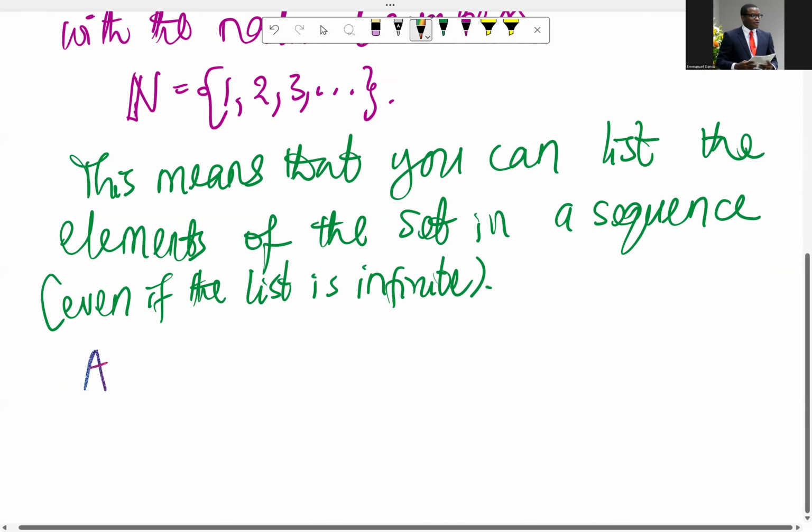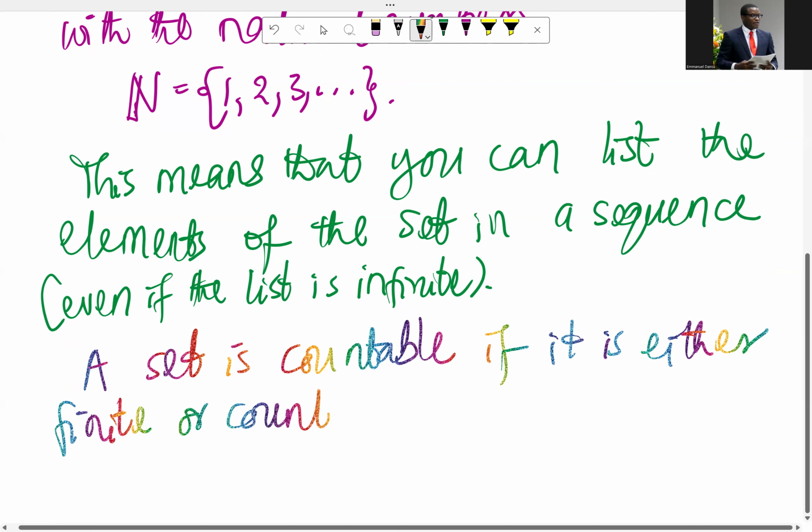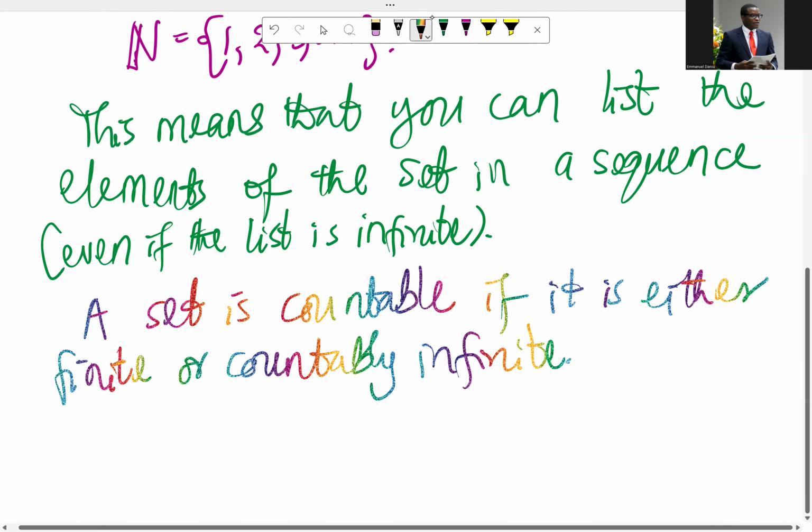You should also know that a set is countable if it is either finite or countably infinite. We already came across the idea of finite and infinite sets.